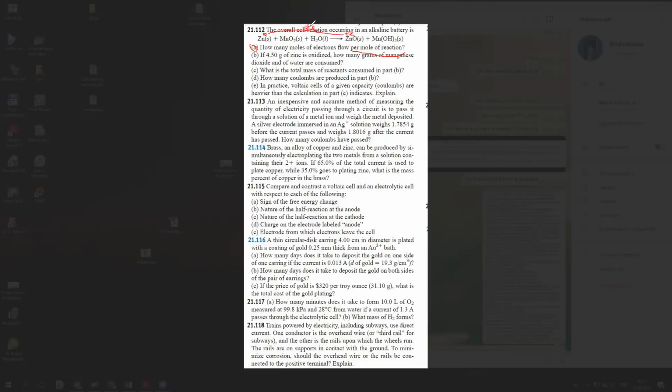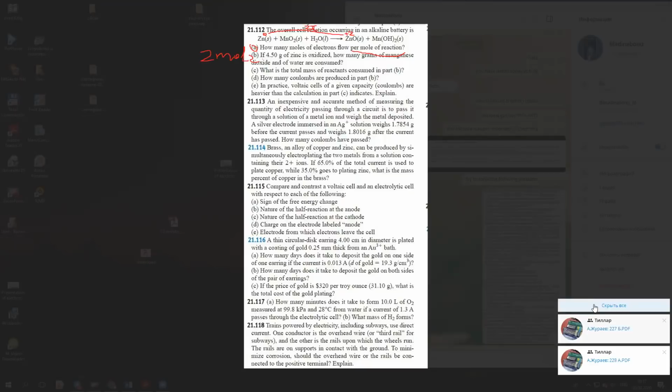And for each mole, 2 moles of the electrons, 2 moles of the electrons is gonna be relevant.